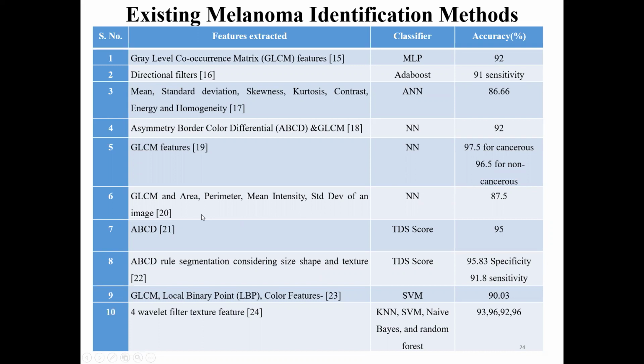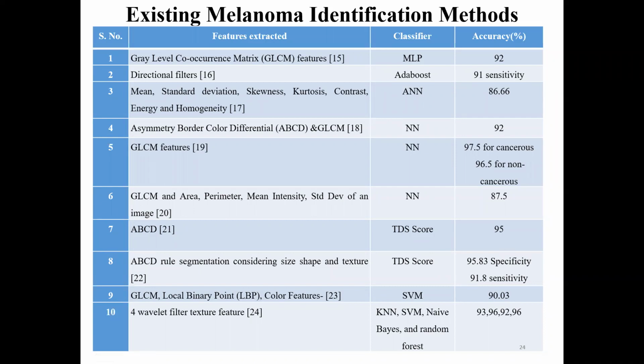And when GLCM and area, perimeter, mean density, standard deviation features are extracted and the classifier is a neural network, they got 87.5% and so on. So you may observe that based on the features that you have considered, that is asymmetry, border, color, differential structures, and the type of classifier, you are going to get a variation in the accuracy.